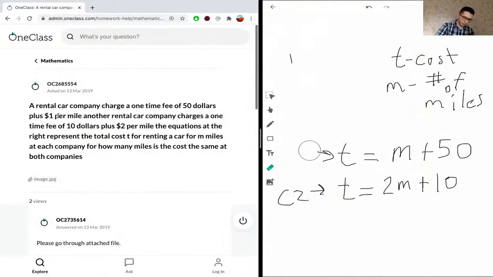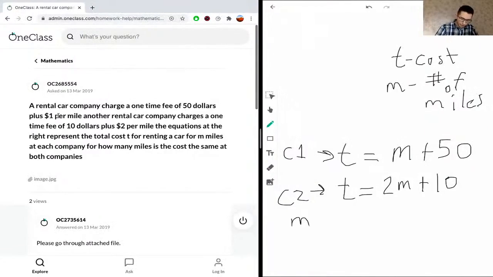So to solve, we have to think about how many miles is the cost the same on both companies. So when both costs are equivalent, what is the miles that happens? So we set both equations equal to each other.